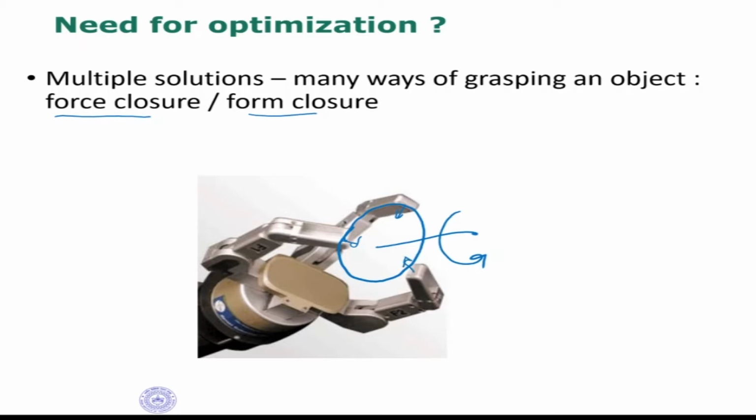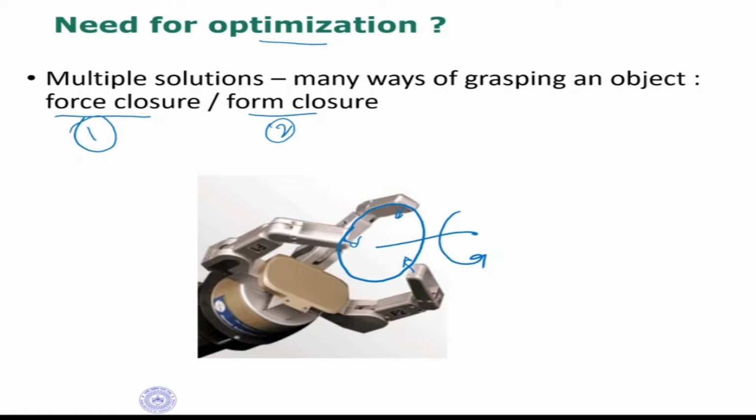Now there can be different combinations of forces which can give you the same motion. Which basically means that first of all I need to ensure that there is closure, force closure or form closure, so the object doesn't fall off. Then I have to optimize the motion.